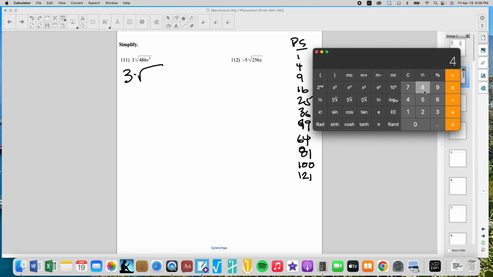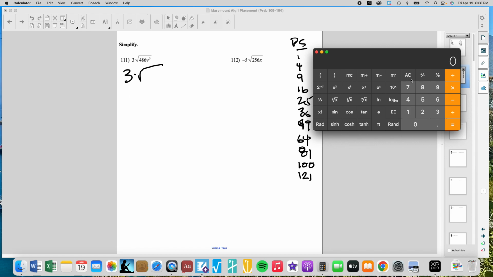Can we do 36? 486 divided by 36. Close. 13.5. Oh, we need whole numbers.